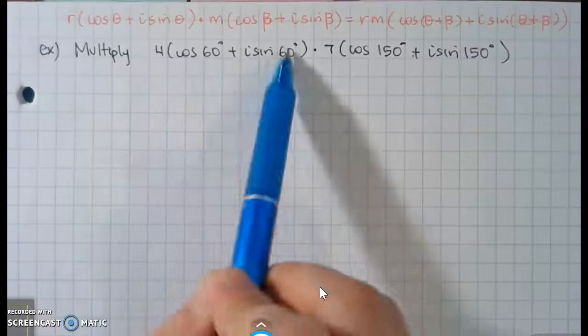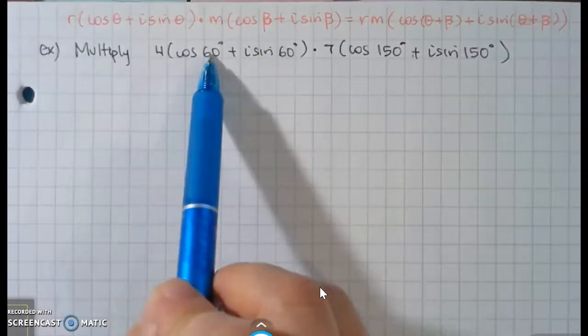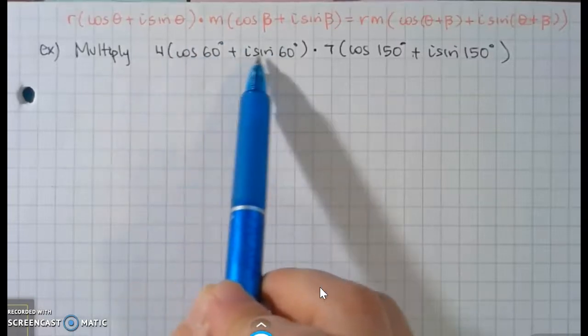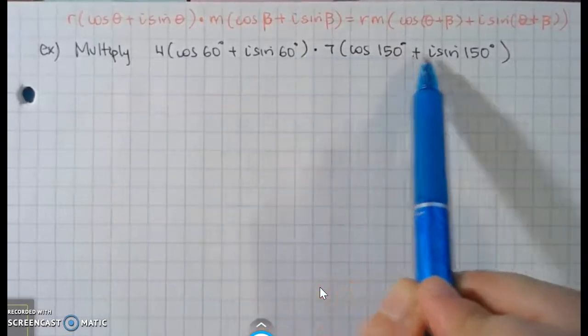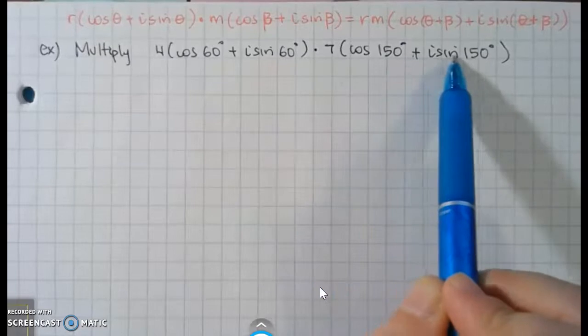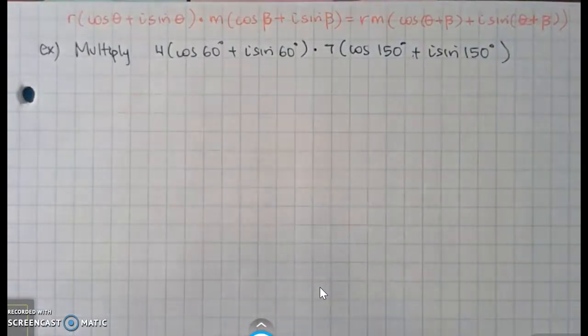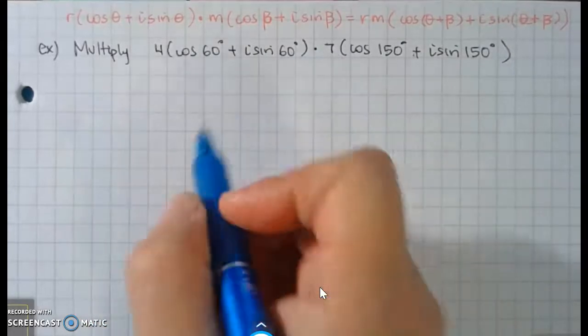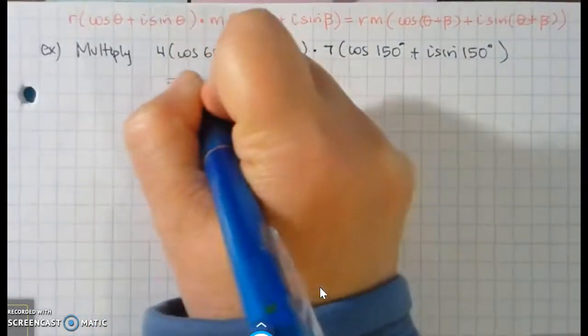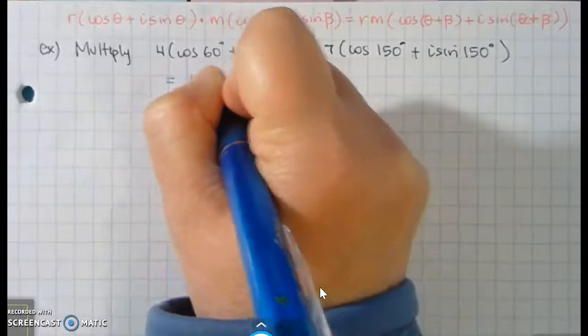If I am multiplying one complex number, 4 cosine of 60 degrees plus i sine of 60 degrees times 7 cosine of 150 degrees plus i sine of 150 degrees, what this means is I just need to multiply the two radius together. So this is same as 4 multiplied by 7.